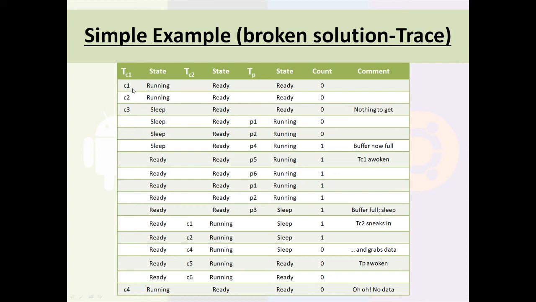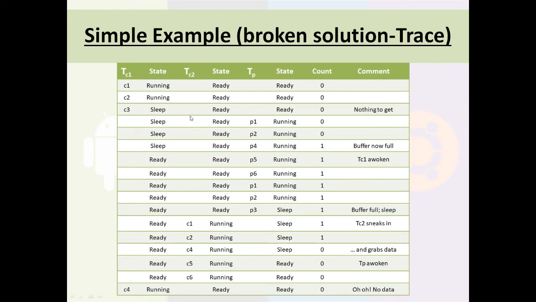It checks if any buffers are ready for consumption, that's the C2 line, and because no producer has run, it finds there are none. So it comes into C3, waits, and puts itself to sleep, which releases the lock. Remember, the wait function releases the lock. The comment here is that there's nothing to get because no producers have been run, so there's nothing in the buffer at all.